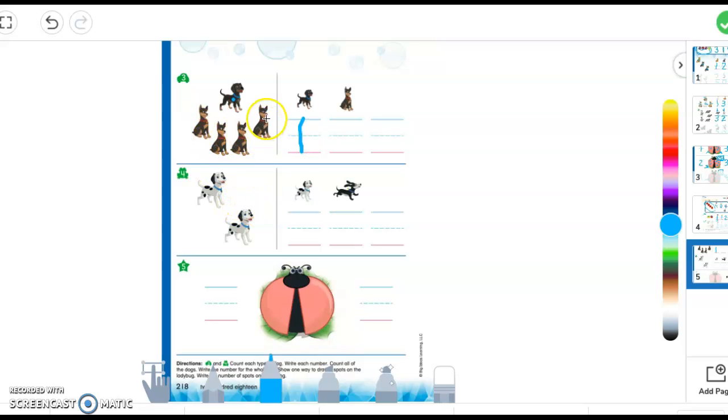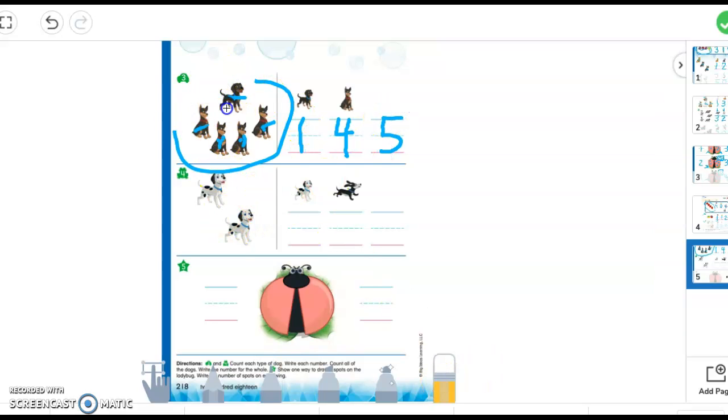How many dogs in our set have burgundy collars? 1, 2, 3, 4. So we write the number 4. How many do we have all together? So what is our whole? 1, 2, 3, 4, 5. So 1 and 4 is 5.